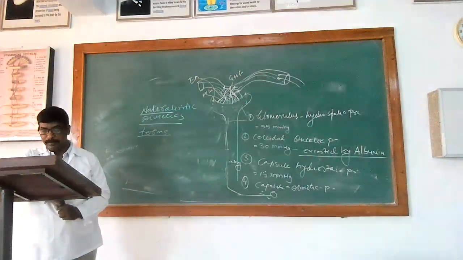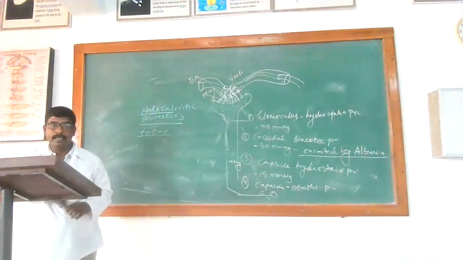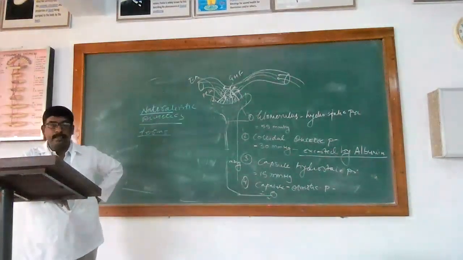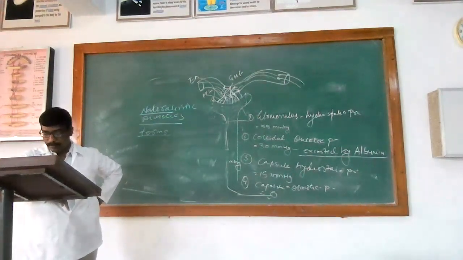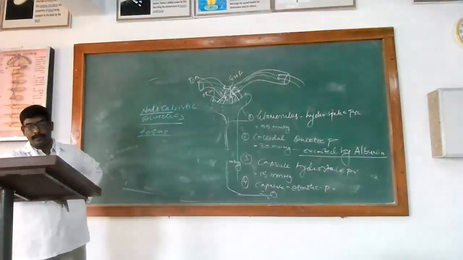Suppose any drug acts as a natriuretic, it also acts as a diuretic. It increases the sodium output into the urine, and it also increases the water output into the urine. So it acts as both.